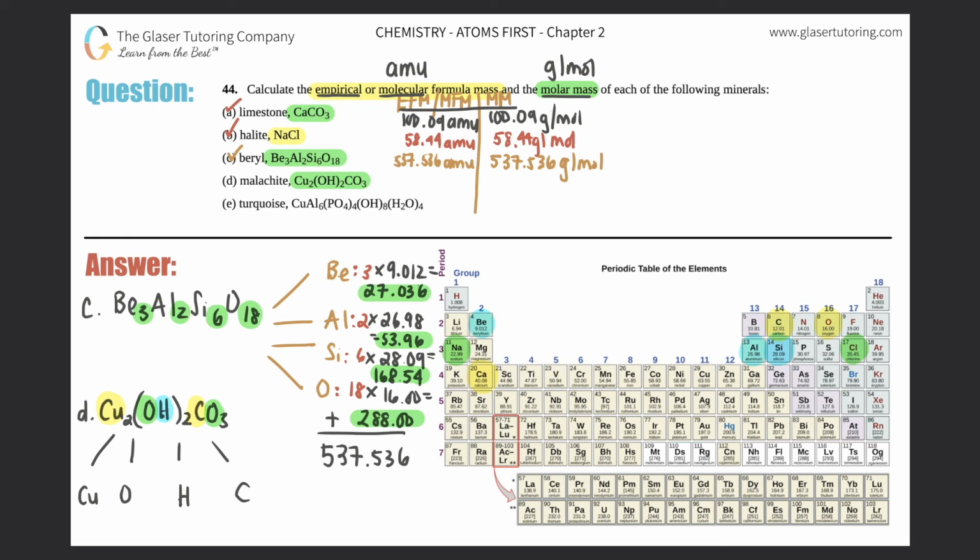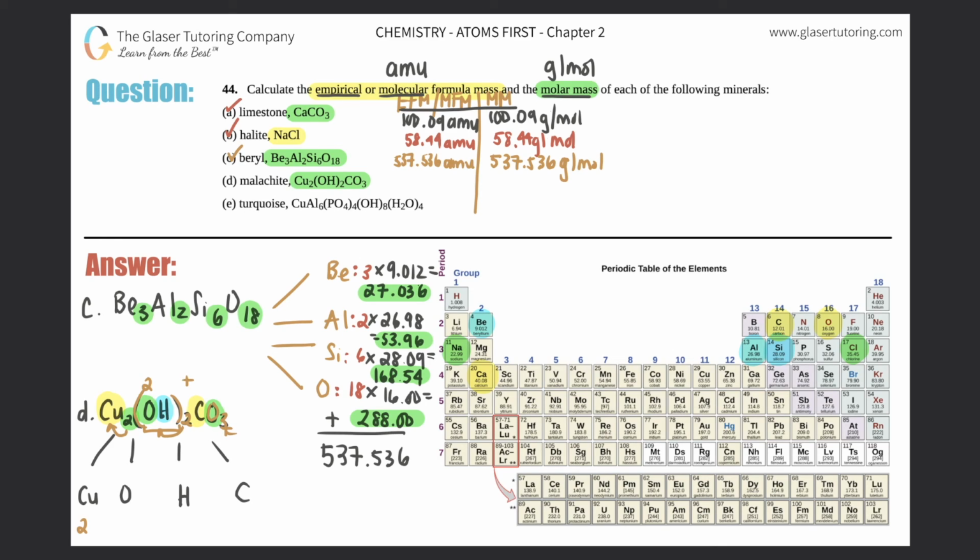Okay. So for copper, how many coppers do we have? We have 2 coppers, right? This 2 goes to copper. So 2. How many oxygens do we have? Okay, well, there's parentheses here. So this 2 tells me that I have 2 of everything inside here. So there's 2 oxygens here, and there's 3 oxygens right here.